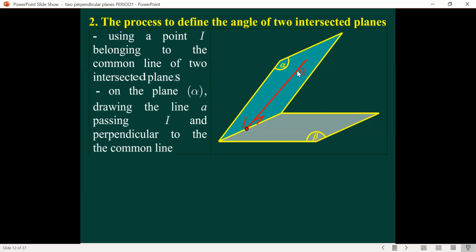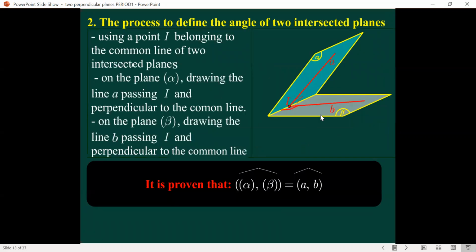On plane alpha, draw line A passing through I and perpendicular to the common line. Similarly, on plane beta, draw line B passing through I and perpendicular to the common line. We can prove that the angle between the two planes alpha and beta equals the angle between the two lines A and B.